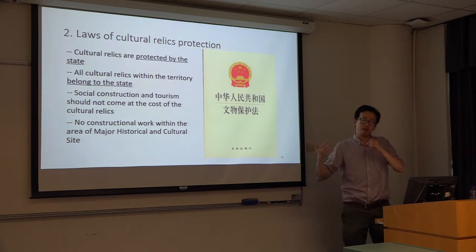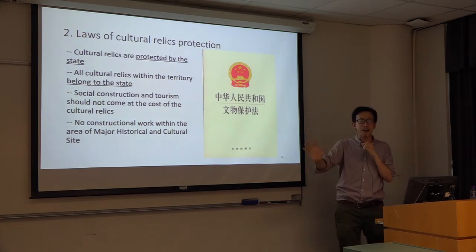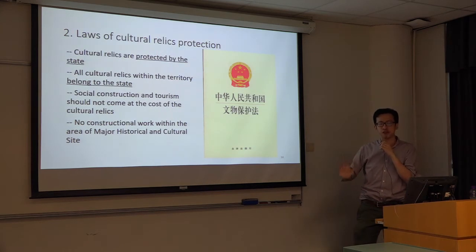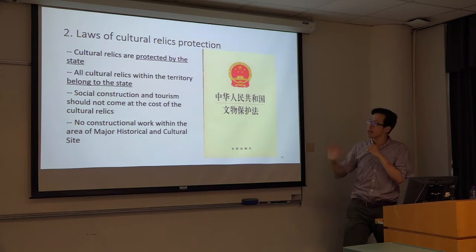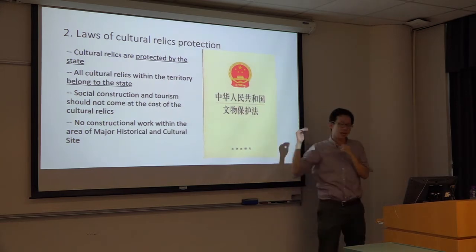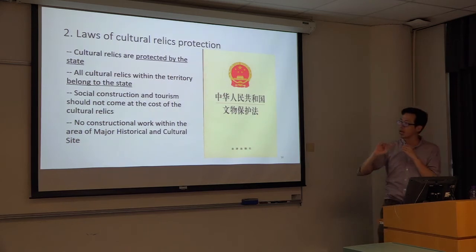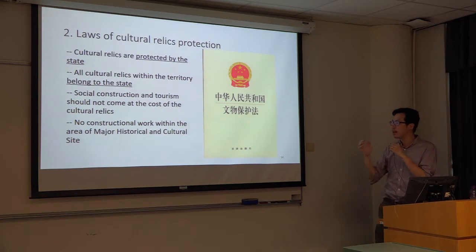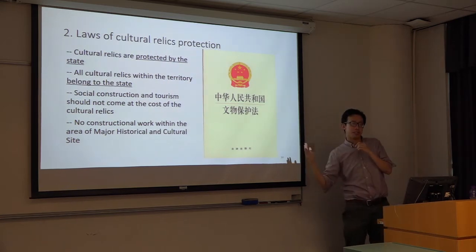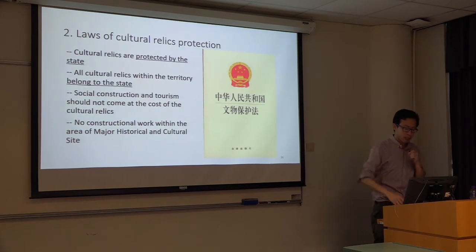If the owner would like to take apart the whole building or rebuild it, the private owner can take the initiative to decide how to preserve a cultural heritage site. Sorry. But in mainland China, no. Once a site or a building is declared cultural heritage, the legal system of the state will join the whole group of stakeholders.